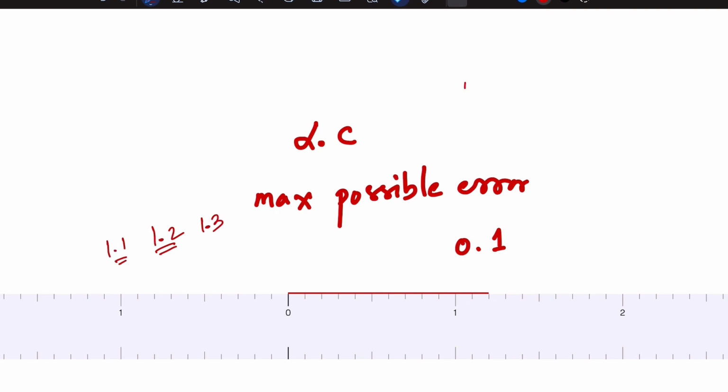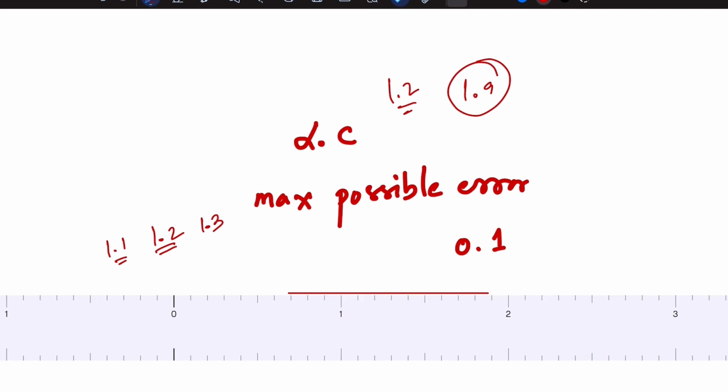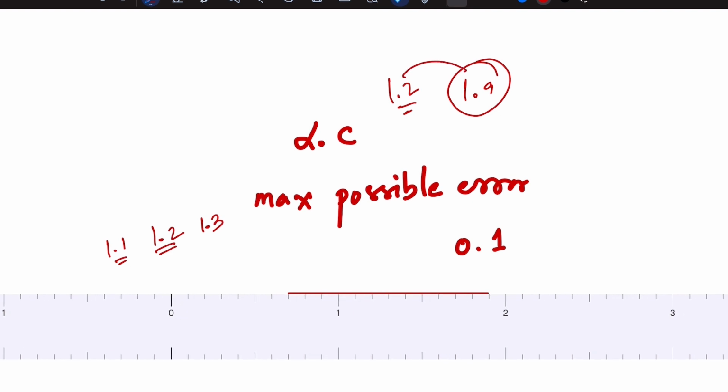But if you get 1.9 and say the maximum possible error is 1.2 to 1.9, maybe you made some mistake like this. That's a horrible mistake. And you are telling me, sir, the maximum possible error could be 0.7. We don't call that a mistake.